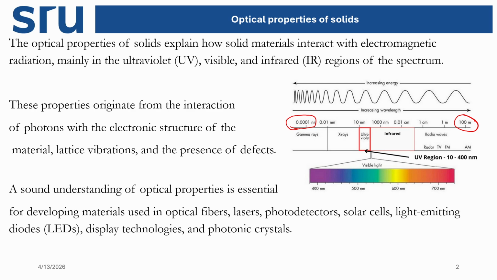From this, if you see that smallest part, which is the visible region, it is normally 350 to 750 nanometers. This is the visible range where you can see the light colors, and the other parts we can't see. What we are going to describe now is, when electromagnetic radiation, that is light, comes and interacts with materials, what changes in properties we are going to see in the materials.